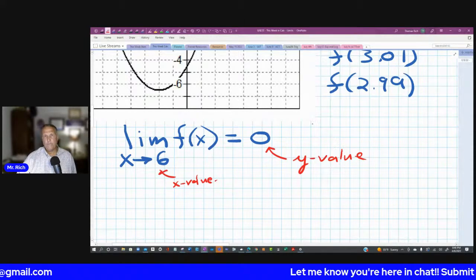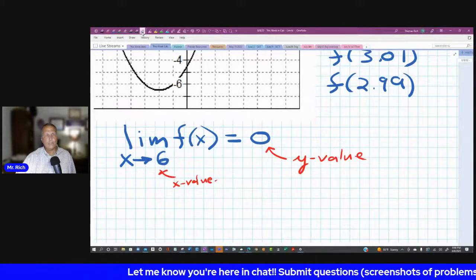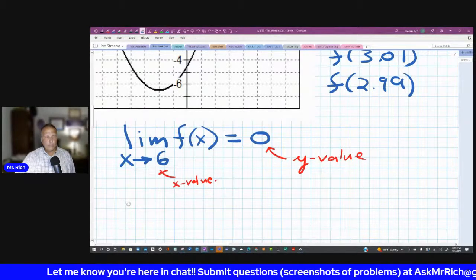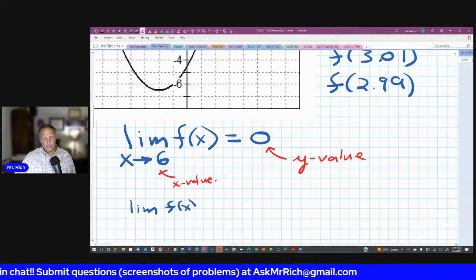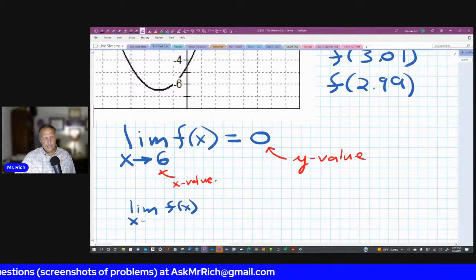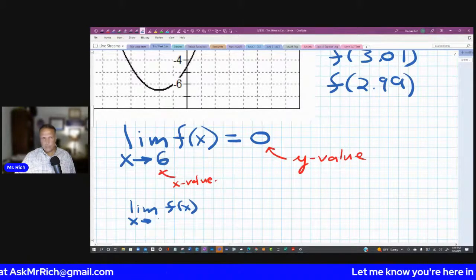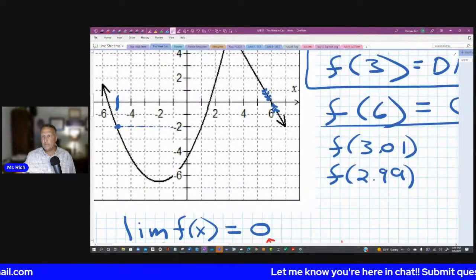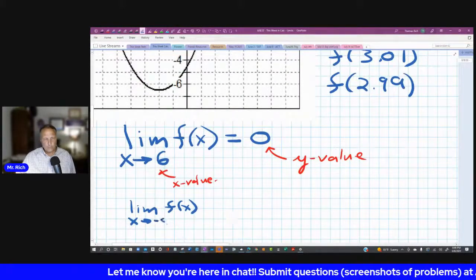All right, now let's do another one. Let's suppose that I want to know what is the limit of my f of x function as x approaches negative 5. So what do we do to evaluate that?